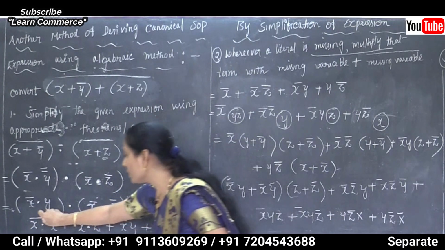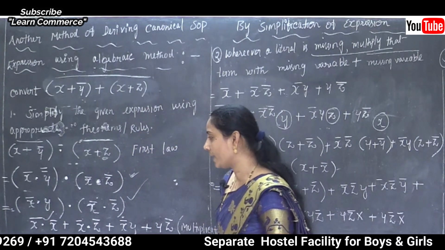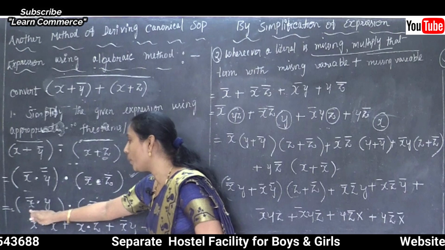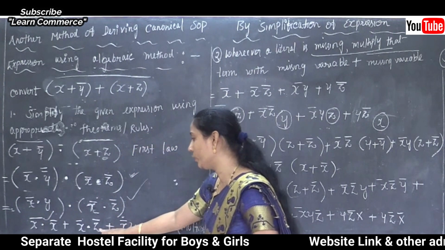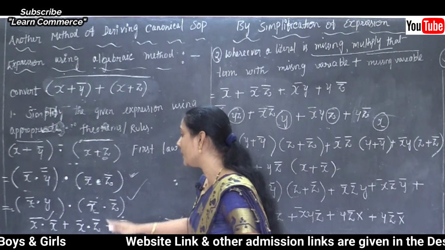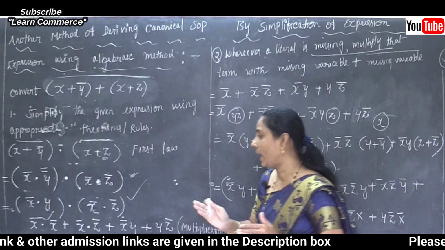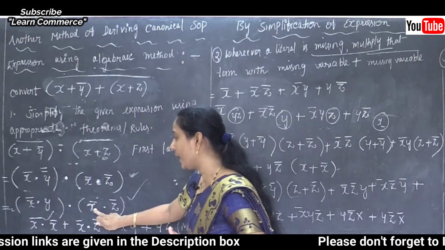So this is our first line: complement of x and complement of x, plus complement of x and complement of z, plus, after that, y complement x, which we can write in the correct manner as complement of x and y, okay.